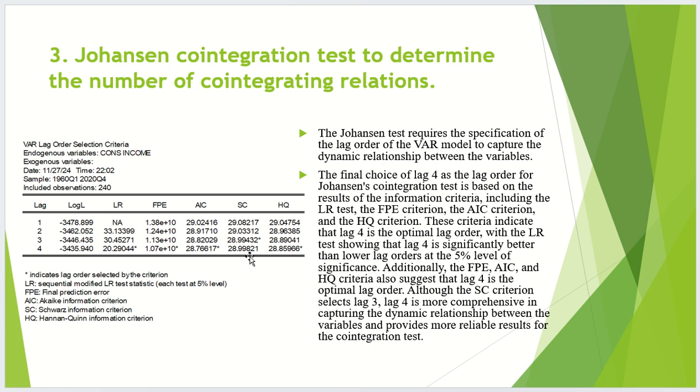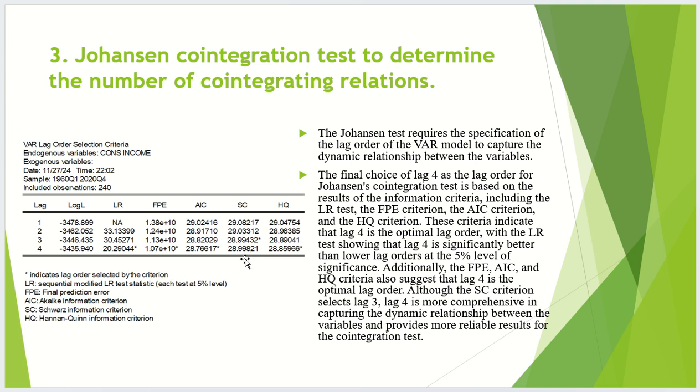The final choice of the lag order for Johansen's co-integration test is based on the results of the information criteria, including the LR test, FPE criteria, the AIC, the HQ, which all suggest that lag 4 is the optimal lag order, with the LR test showing that lag 4 is significantly better than lower lag orders at the 5% level of significance.